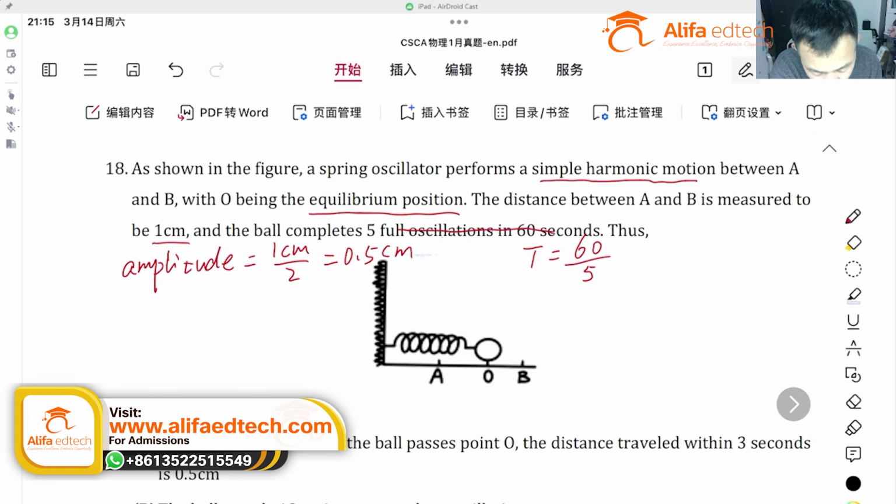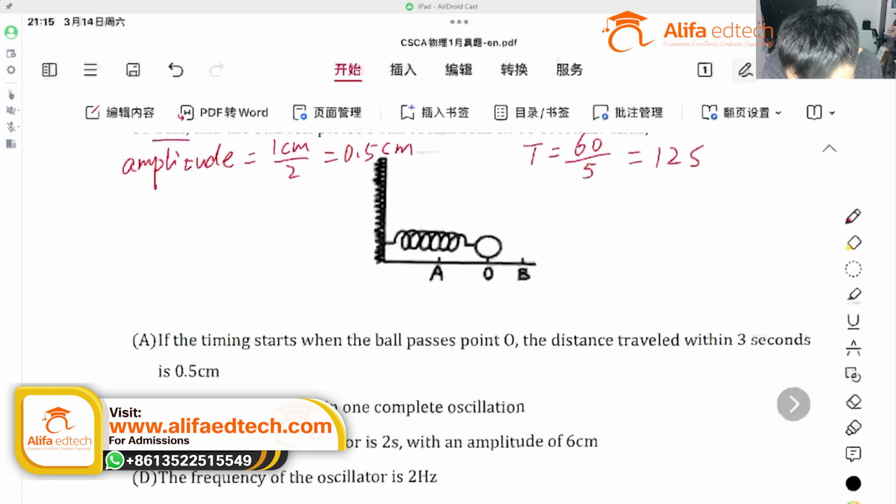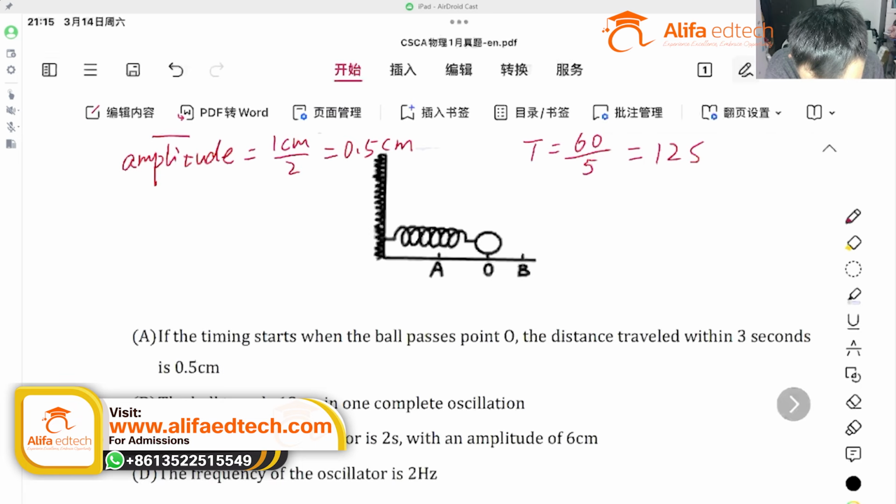Okay, let's look at A, B, C, D. Here A, if timing starts when the ball passes point O, the distance traveled within 3 seconds: 3 seconds is T over 4, a quarter of the time period.